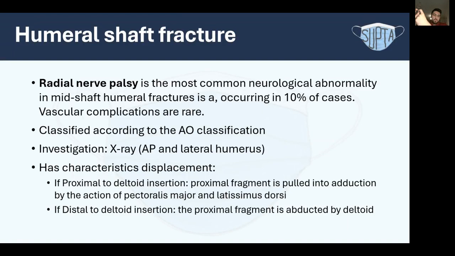Whereas if the fracture was above the deltoid insertion, you would see this the other way around.